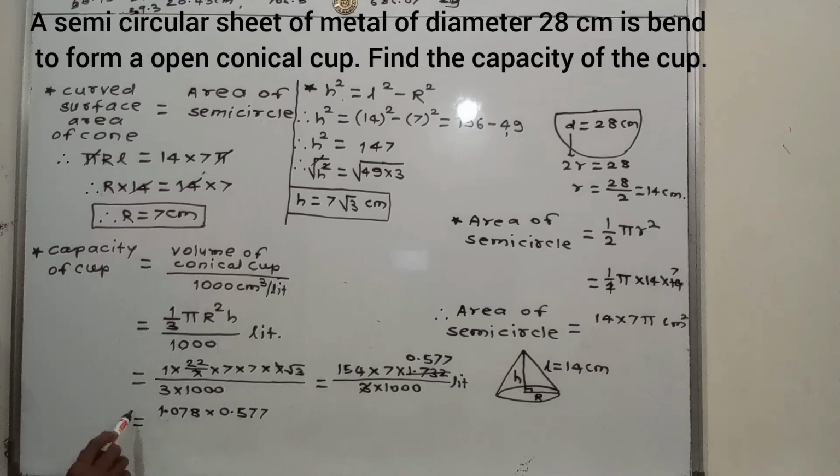Then the product of these two, 1078 into 577, we do here.